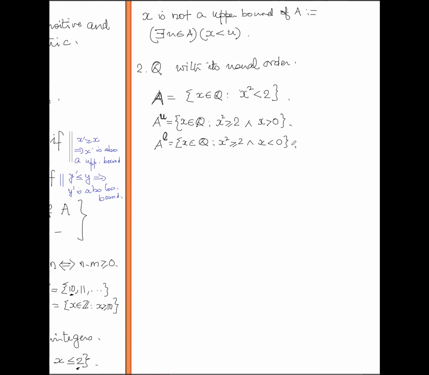Now it wants a little bit of doing, and that is: for any z in AU there exists z prime again in AU such that z prime is less than z.